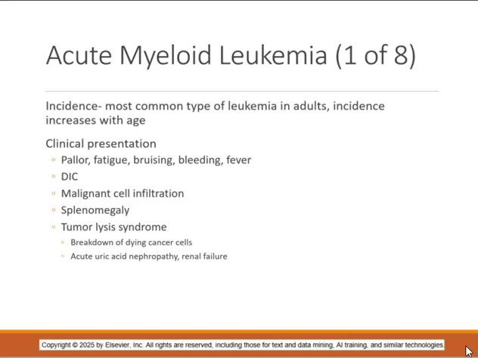And what will happen is if they kill too many cells too fast, that uric acid will actually get into the kidneys and destroy the nephrons, which will cause them to have renal failure, kidney failure. So that's why they have to monitor the uric acid and the BUN and creatinine on patients that are getting chemotherapy, that we can't give too much, but we've got to give enough.